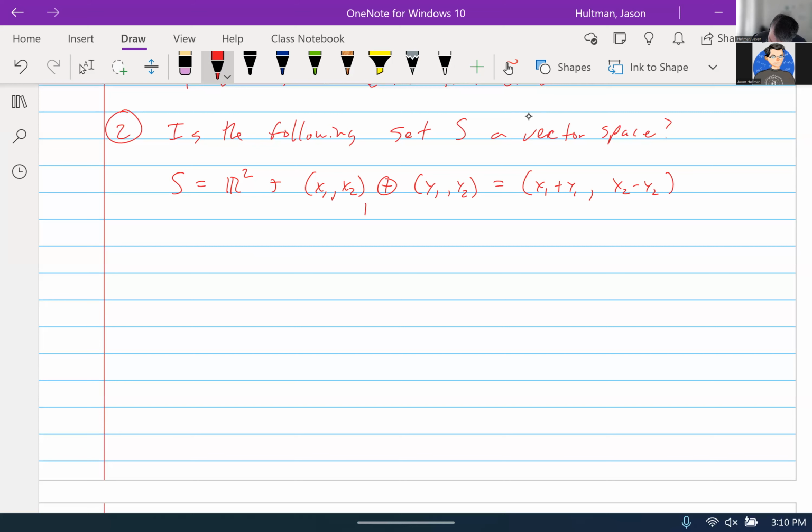And then the circle dot means the operation of multiplication as defined in this set. So k circle dot x1, x2, the scalar multiplication, we're going to say we only multiply the first component and we leave the second component alone.